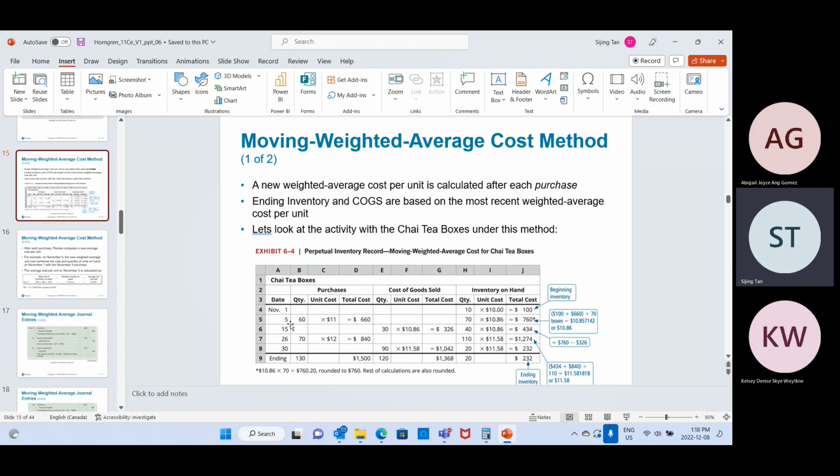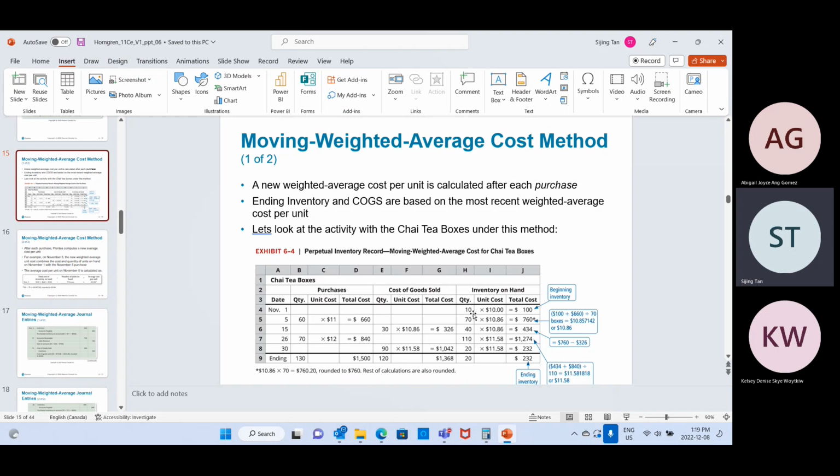Now, November 1st, we have 10 units left. That is our beginning inventory balance times $10 for each box. Total beginning inventory is 100. November the 5th, we purchased 60 more boxes at $11. So our total cost will be $660. Then our total cost will be 100 plus 660, so total cost will be 760.